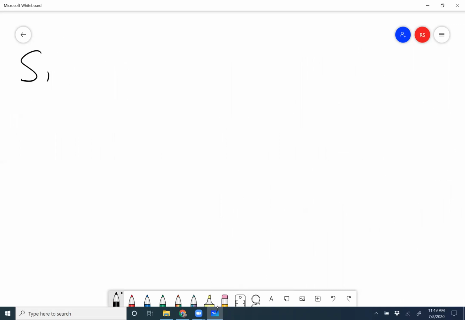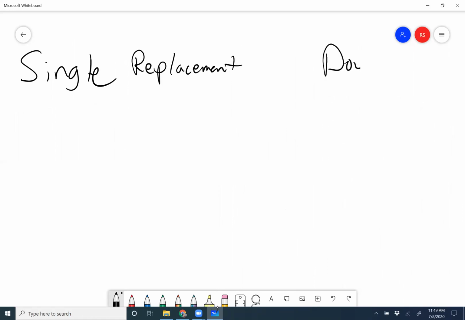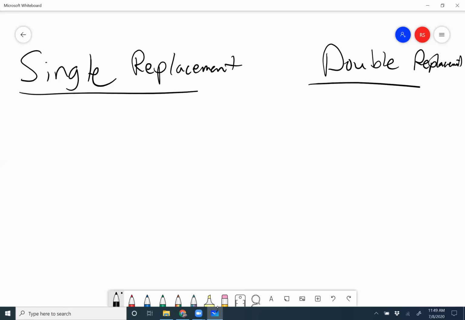So finally, we have single and double replacement. So single replacement is some element is going to react with some compound, and then that element, whether it's an anion or cation on the other side, is going to replace it.